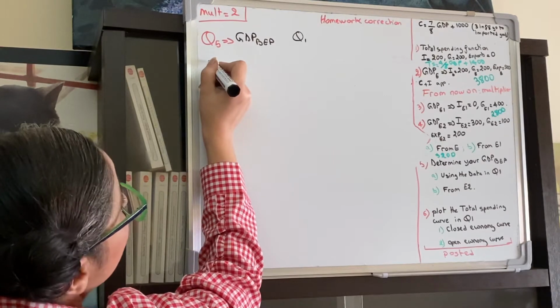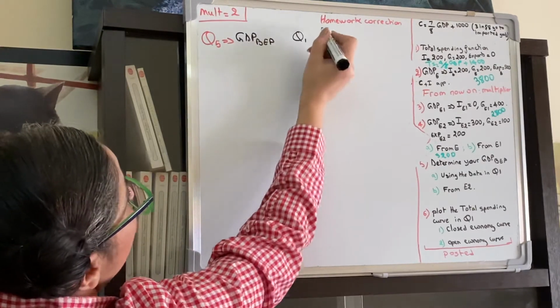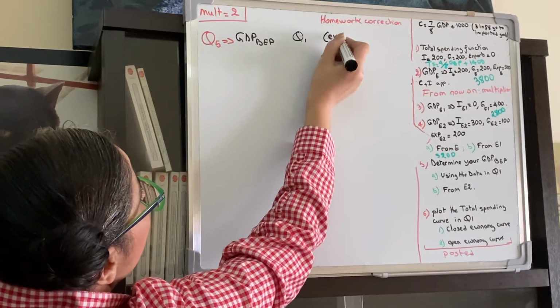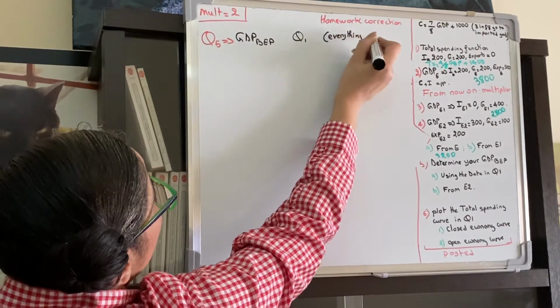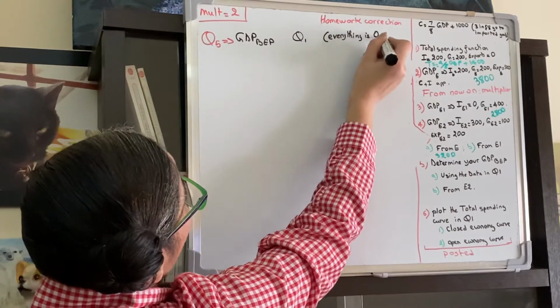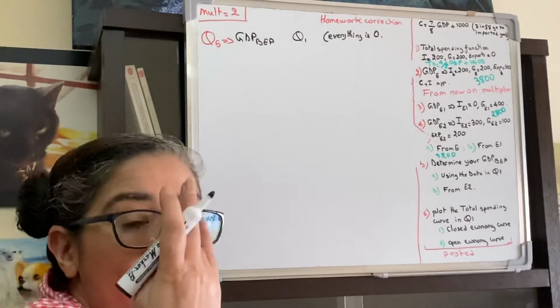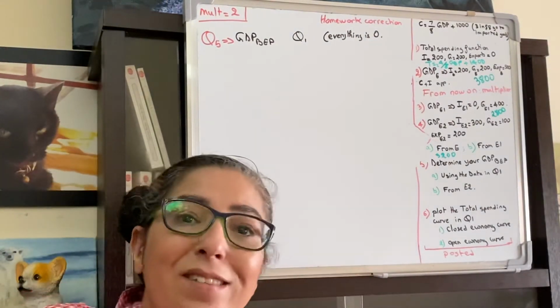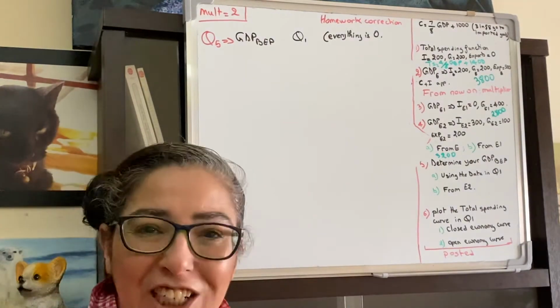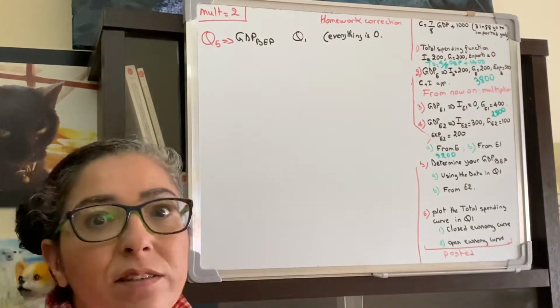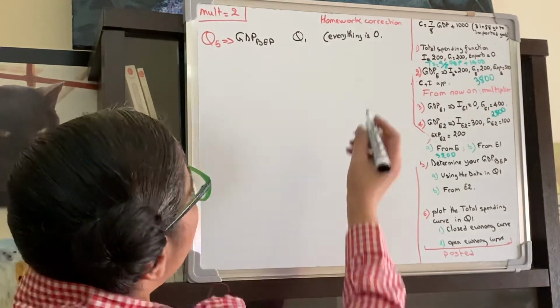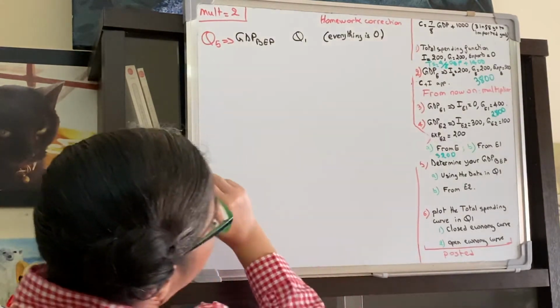In the GDP at BEP, I know that everything is 0 except imports. But imports are already taken into consideration in the function itself. So no need to subtract imports. It's already there. So let's see.